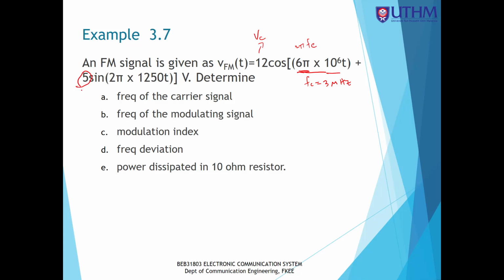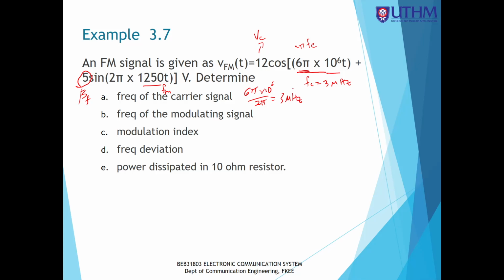This is referring to beta f. And this is the modulating signal frequency, fm. So we can determine the rest of the parameters. A, find the frequency of the carrier signal: 6π times 10 power of 6 divided by 2π gives 3 megahertz.